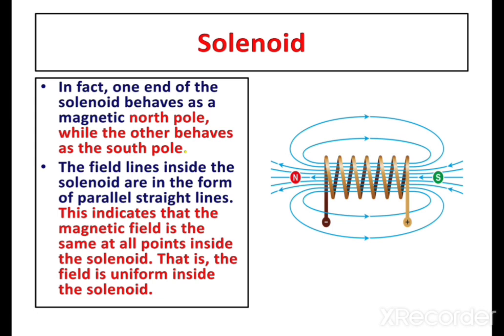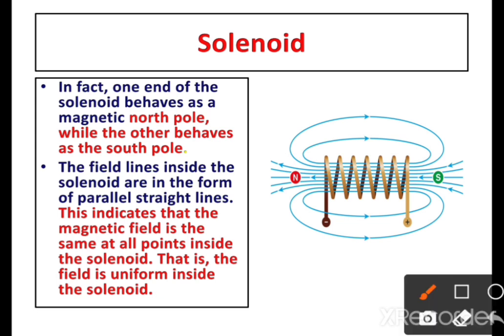In fact, one end of the solenoid behaves as a magnetic north pole while the other behaves as a south pole. How the bar magnet has two poles, north and south, the same as the magnetic field produced around a solenoid has two poles, one north and another south. The positive side is always south, the negative side always north.